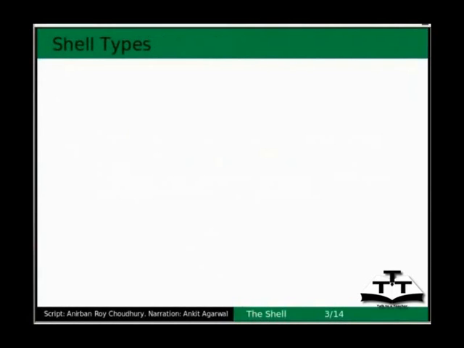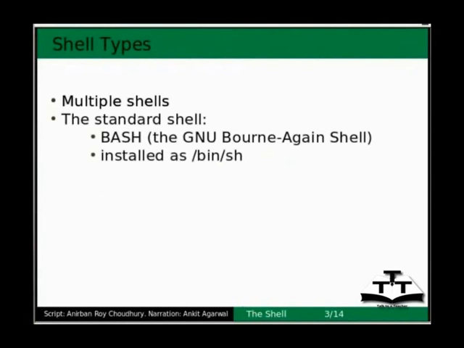On Linux, it's quite feasible to have multiple shells installed, with different users able to pick the one they prefer. On Linux, the standard shell is always installed as /bin/sh and is called bash, the GNU Bourne Again shell from the GNU suite of tools.